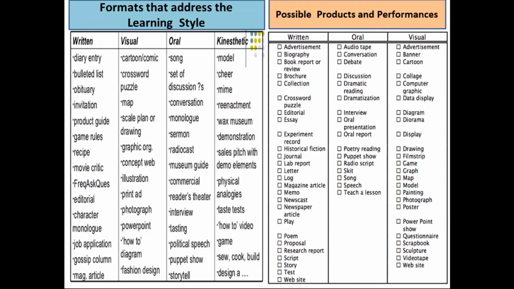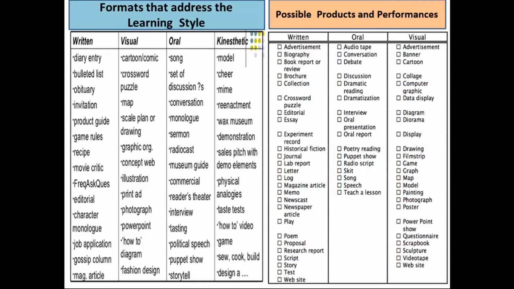Moving on, you can use the details here for the learning style. We have written, visual, oral, kinesthetic, and the possible products and performances. So you will have an idea. Nandito na po ito. You are going to match it with the activities that you have previously in your module. So madali na po.